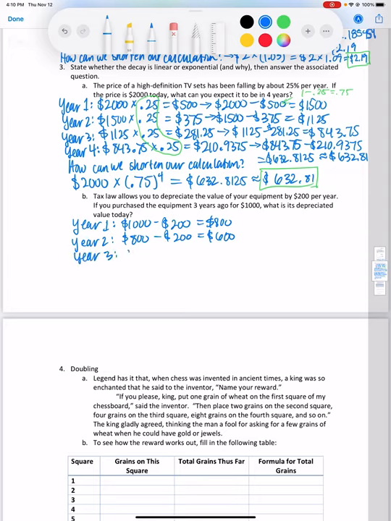In year three, the equipment is $600, and we depreciate another $200 to get to $400. Okay. So we want to think about how we can shorten the calculation.